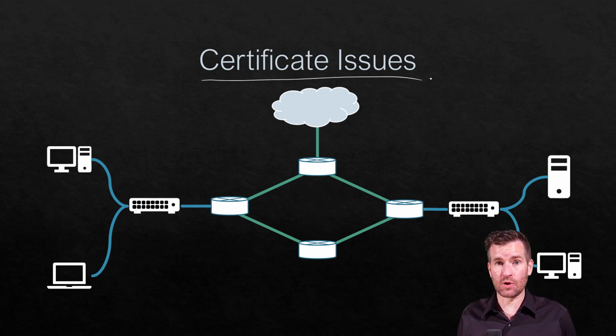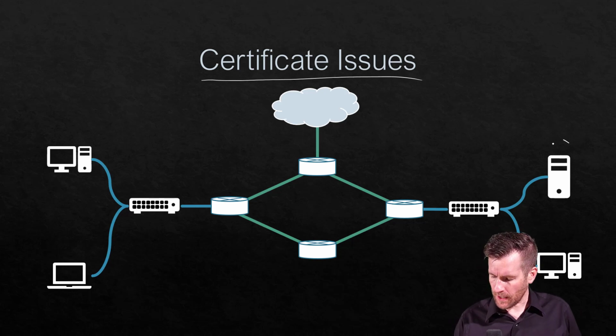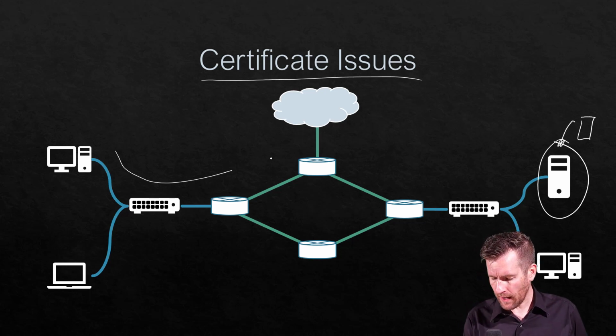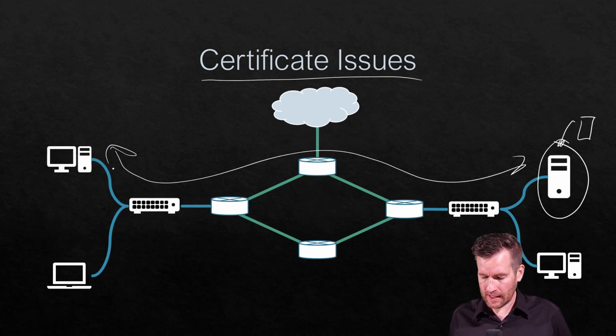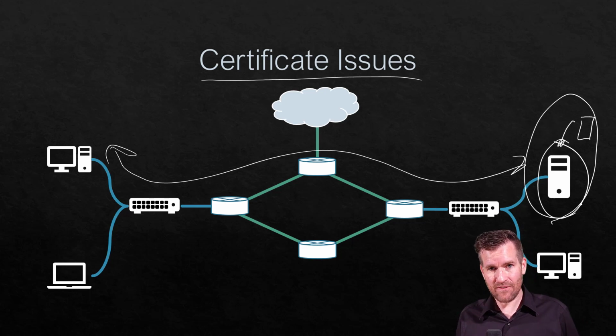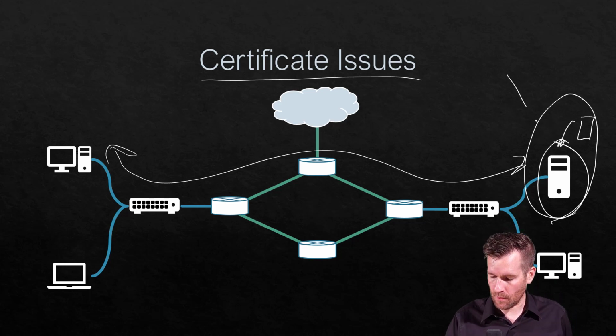Another thing that you could run into is certificate issues. Certificates allow us to implement certain security within our networks. Perhaps this is a web server and it has a certificate on it. That allows devices to communicate securely, and it also helps verify that this server is in fact the device that you should be getting to, giving a certain amount of reliability on the network.